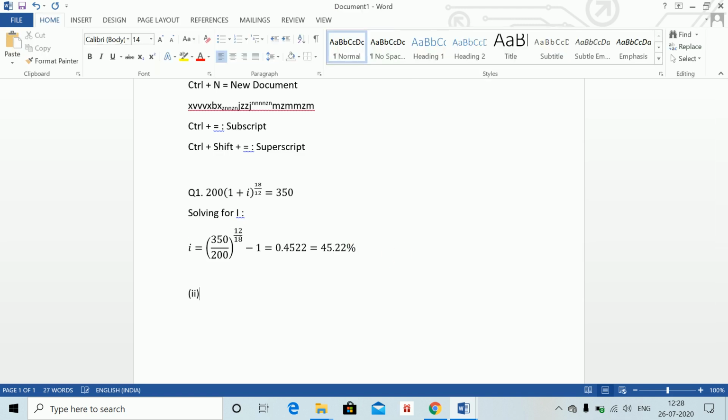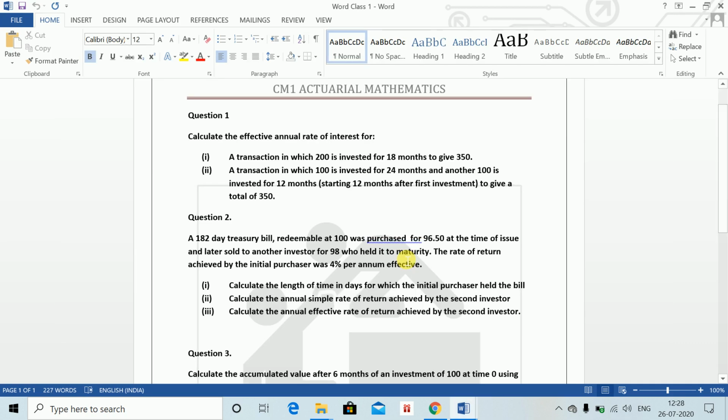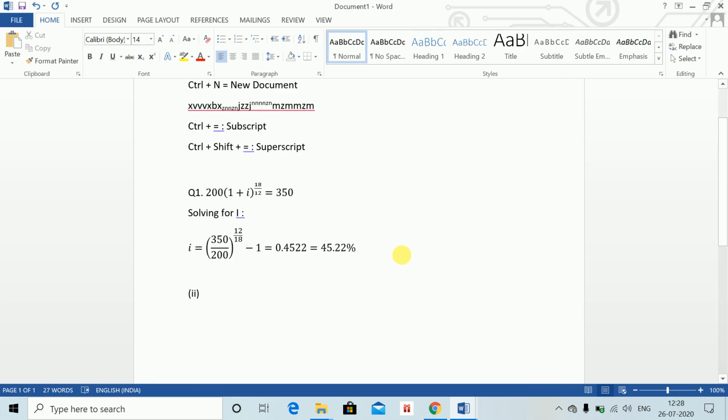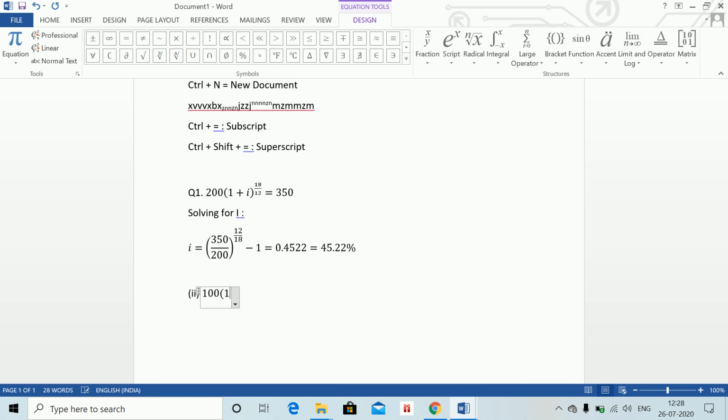Coming to part 2, it says a transaction in which 100 is invested for 24 months and another 100 is invested for 12 months, starting 12 months after the first investment, to give a total of 350. So here the equation will become 100 into (1 plus i) to the power 2, plus 100 invested after 12 months, so 100 into (1 plus i), equals 350.